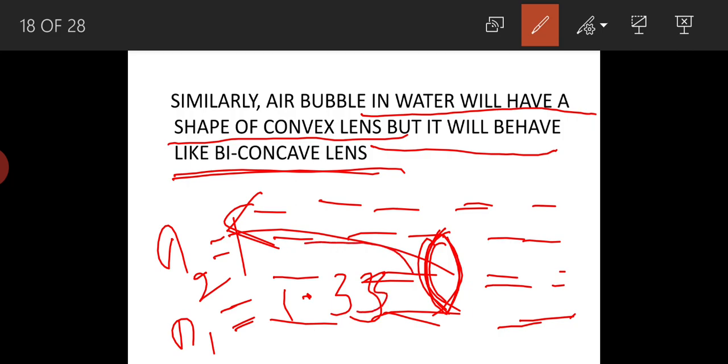Because the refractive index of the surrounding medium is greater than the refractive index of the lens, it will behave like a diverging lens, a concave lens, though it has the shape of a convex lens.